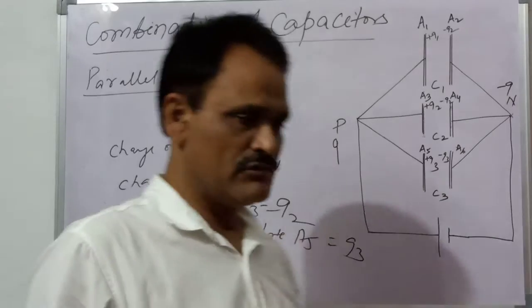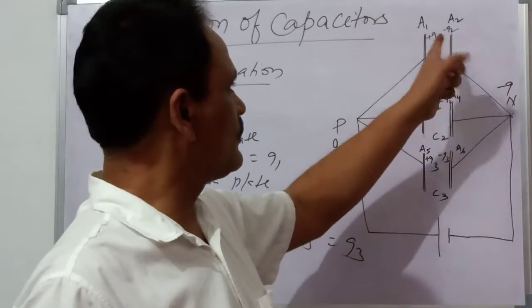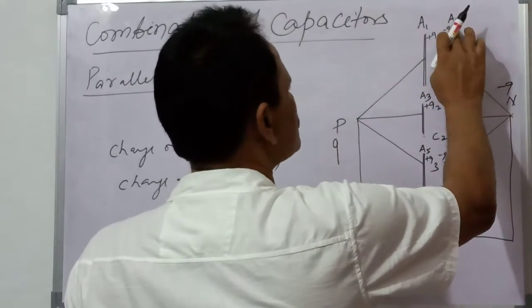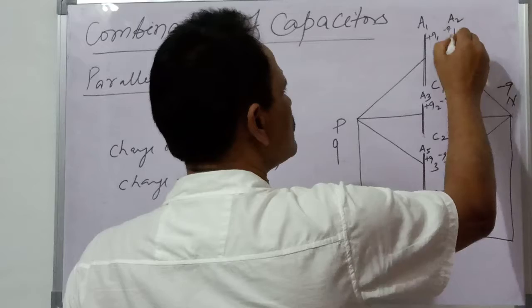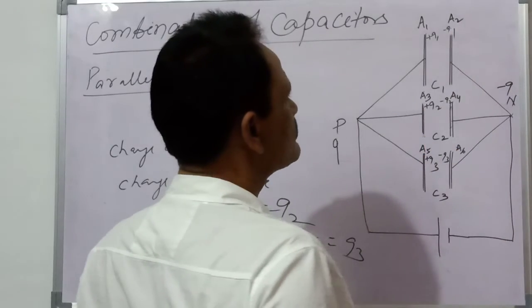And as you know, there is similar opposite charge on the facing plates also: this is minus Q1, this is Q2 and minus Q2, this is Q3 and minus Q3.